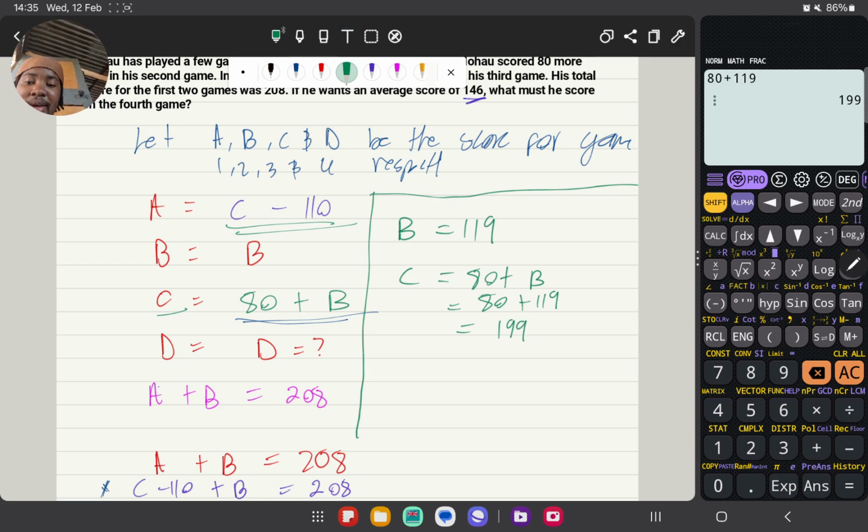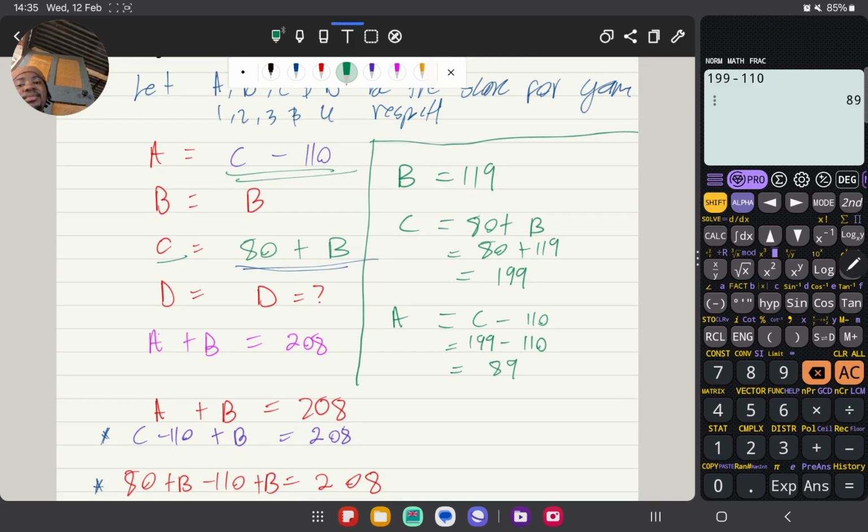All right, now I have C. With what I have, I can say A is equal to C minus 110, then 199 minus 110. That's gonna give me 89, I believe. 199 minus 110, 89.